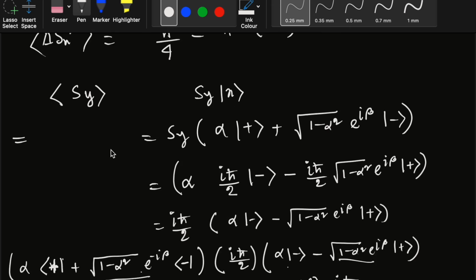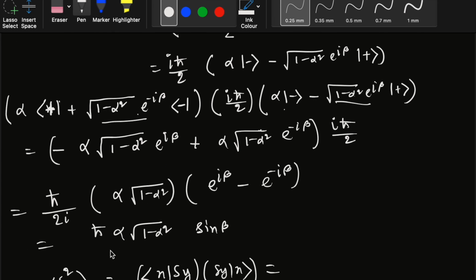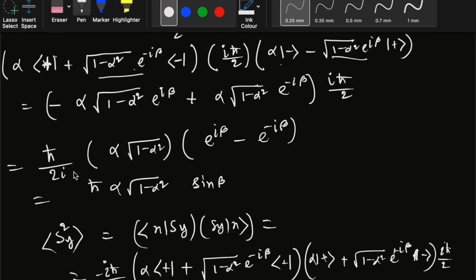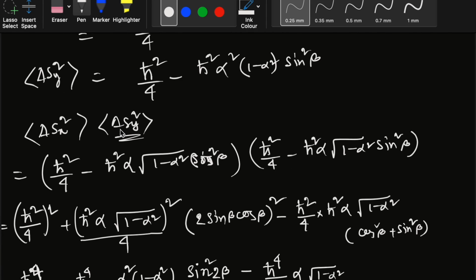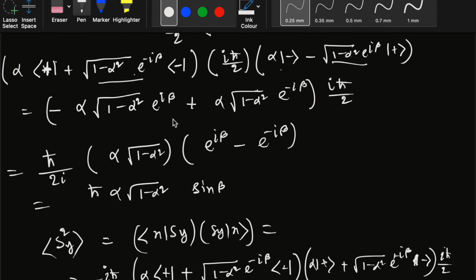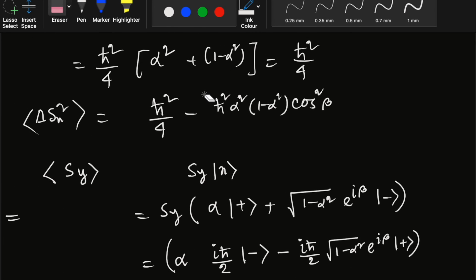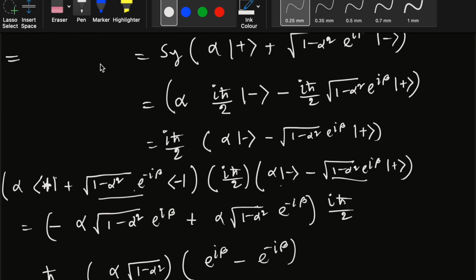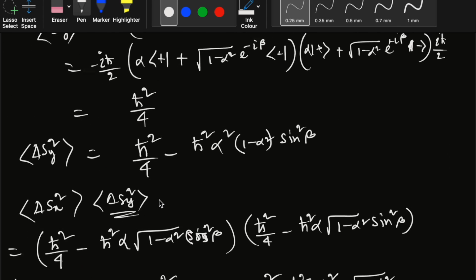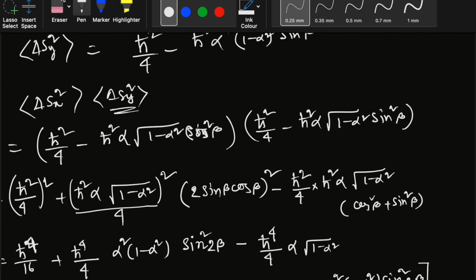Since the expectation value is h cut alpha 1 minus alpha square, its square will be, so there also alpha square, and for x square there also we have sx square. We wrote it correctly, but sx square we have written wrongly, so here there will be a square.